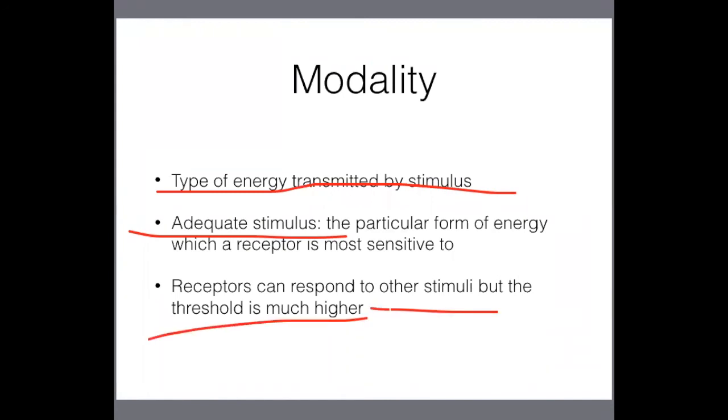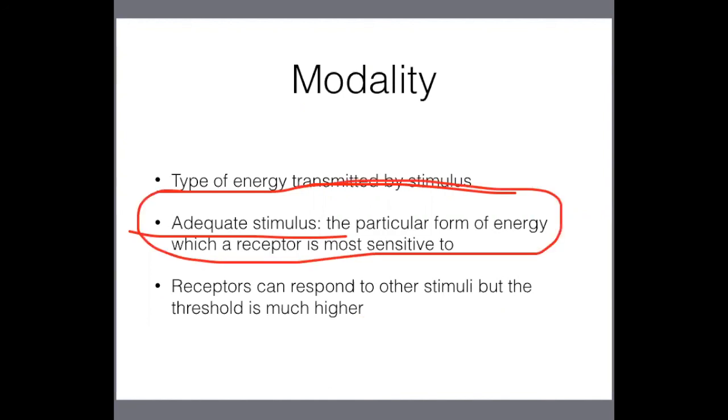It's possible for the receptor to respond to other energy, but only if it's an energy in an extreme form. Okay. So usually we need a specific type of energy for the receptor to respond. In other words, each receptor has a specific type of energy that drives it. That's why when an energy impulse comes from this receptor, you know what type of energy it is. Make sense?